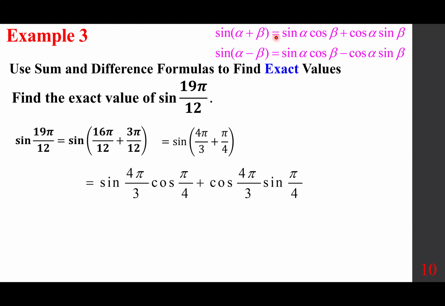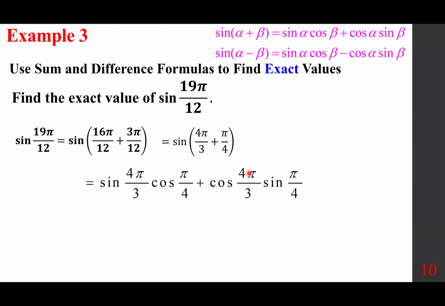Well, let's simplify. Common arcs. Sine of 4 pi over 3 is the same as sine of pi over 3 in value, which is square root of 3 over 2. In the third quadrant it is negative, so minus square root of 3 over 2. Pi over 4 cosine is square root of 2 over 2.